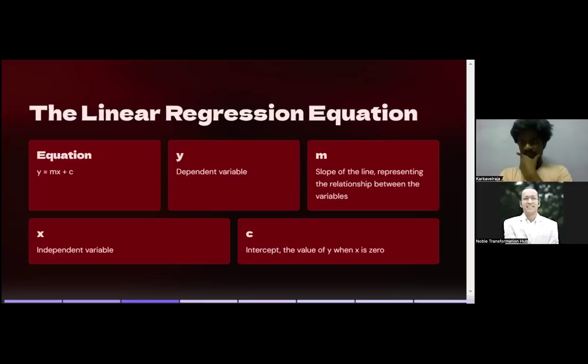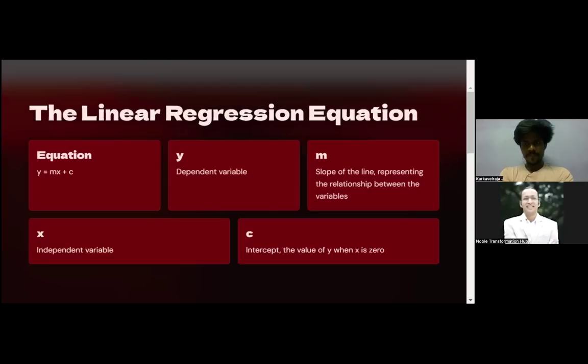You understand what a line is, right? In a graph with y and x axes, you will see the slope of the line representing the relationship between the variables. Then x is the independent variable, and c is the intercept, the value of y when x is 0.